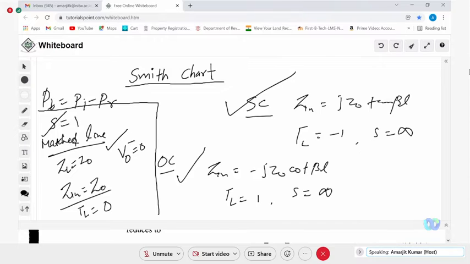So in this case, the matched transmission line, the reflected voltage V0 minus is equal to 0. What will be the reflected power? 0. So the complete incident power will be absorbed in the load. Okay, there is no reflection from the load.